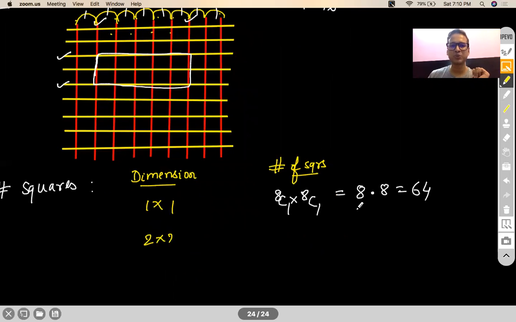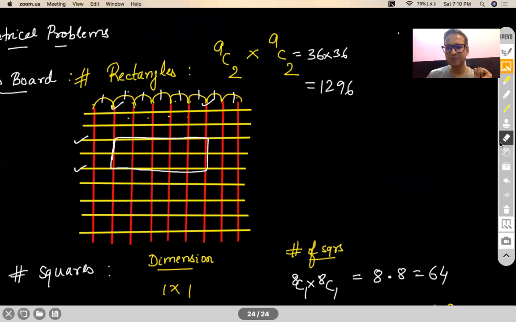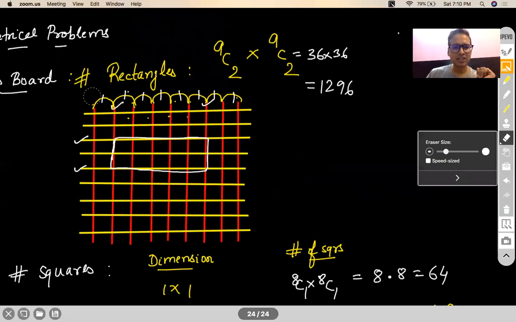For example, 2 by 2, you can say it is 7C1 into 7C1. Why 7C1 into 7C1? Because let's say now you have to pick up two such sticks which are at a distance of at least one stick apart.